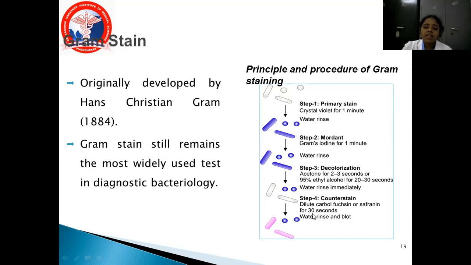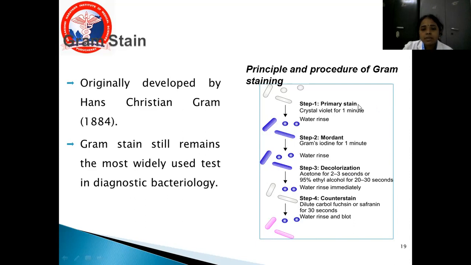So while adding the final dye, the dilute carbol fuchsin, there is no space to go and occupy. So the gram positive organisms are violet in color. Already the peptidoglycan layers are filled with violet dye, and in the third step also it resists decolorization. And in gram positive cocci, there are no lipid layers also.